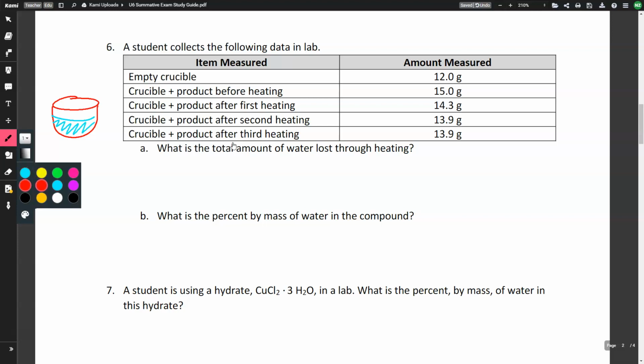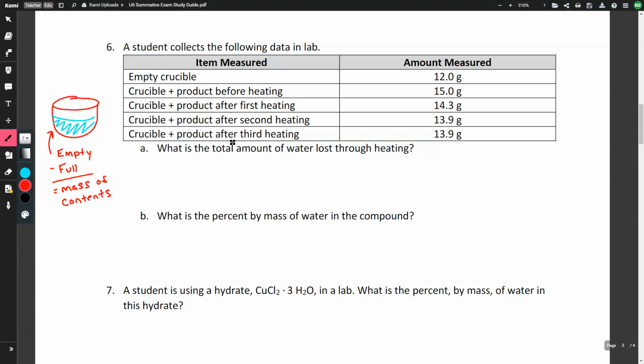If I wanted to get the mass of that, I would take the full container minus the empty container. I get the difference between them, and that would be the mass of the contents.